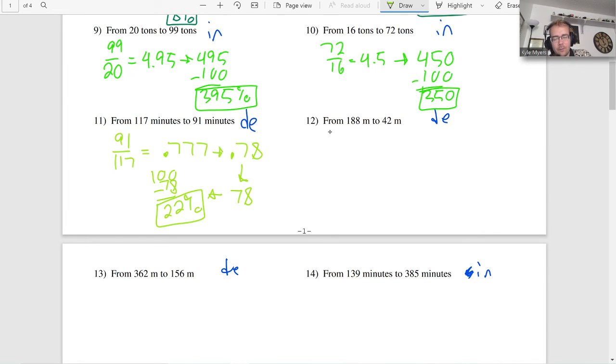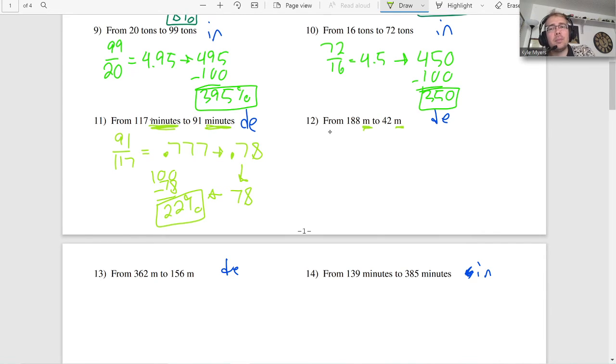All right, next one, 42 divided by 188. The other thing too is that I don't see this on here, but if the units are different, you would have to deal with that first. You'd have to change the units so that they're the same. So it doesn't matter which one you would pick.